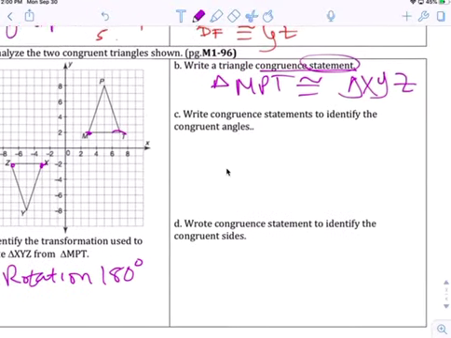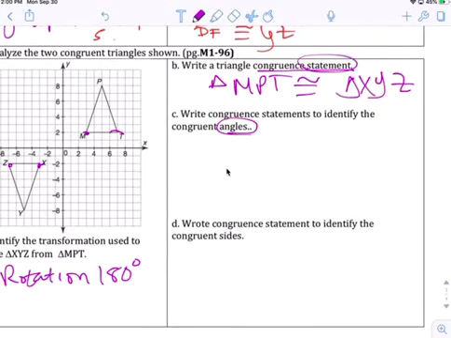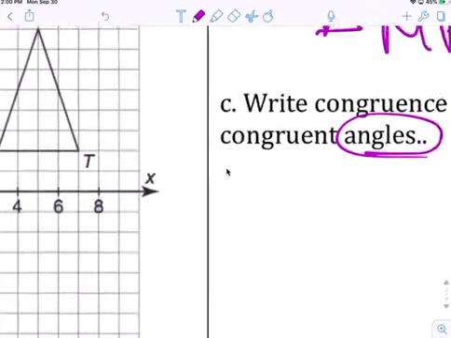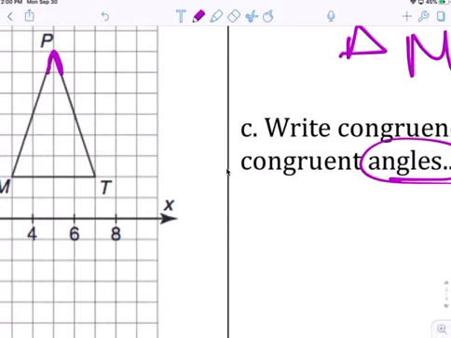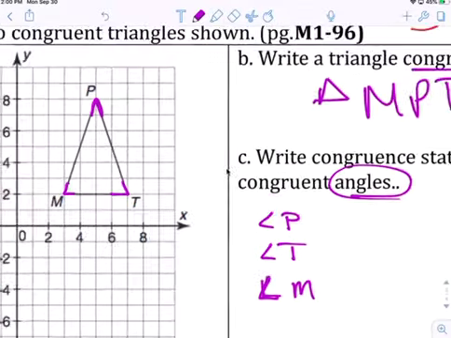Okay. Angles. Let's start with the angles first. All right, angle. We got angle. That's an angle right there. Angle P. We got angle T. Got angle M. And we need to write a congruent statement.